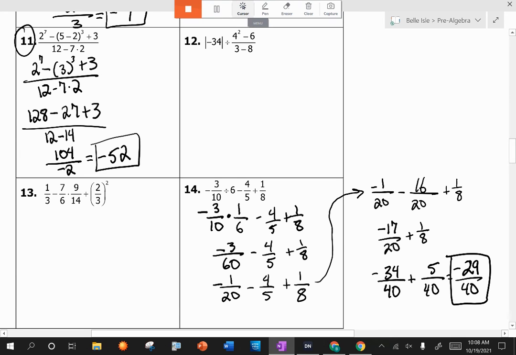Okay, 11 and 14 are up there. 14 has a lot to it. It's combining a handful of things that we've done so far this year.